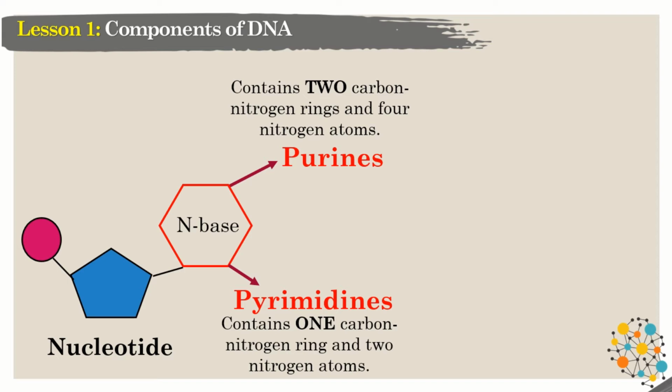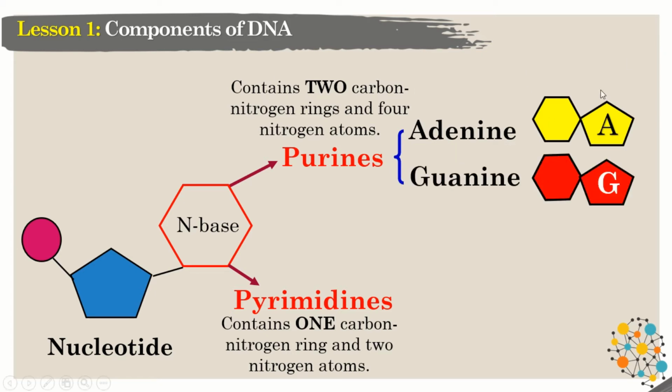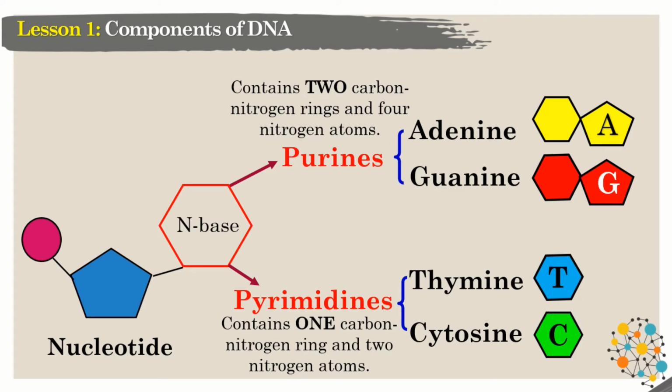Under purine, we have two nitrogen bases. These are adenine and guanine. Again, they have two carbon-nitrogen rings, so you have one and two, just like this one. While pyrimidine has thymine and cytosine, which have one carbon-nitrogen ring and two nitrogen atoms.